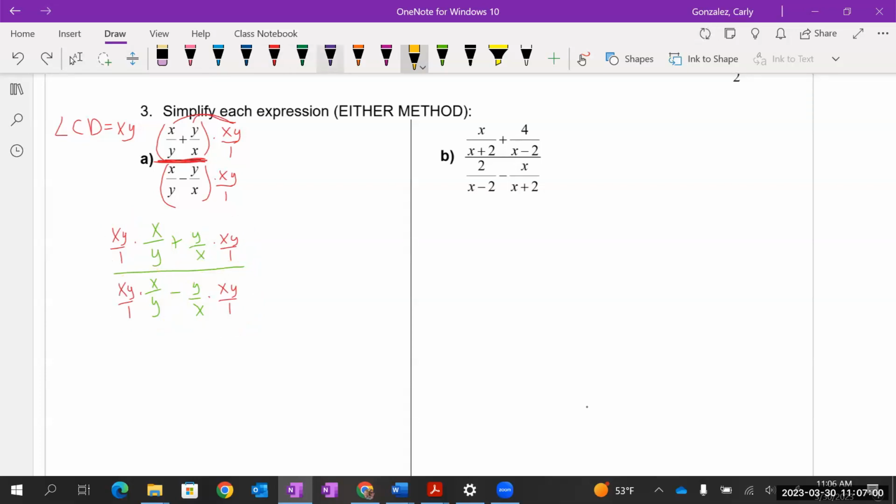So first one, top left. Notice here in the numerator is a y, and in the denominator is a y. So we can go ahead and cancel the y's out, and then we're just left with x times x, or we get an x squared.